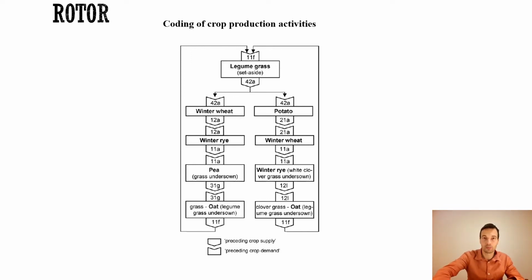The first defines the type of main crop, and the second, the level of nitrogen residues after harvest of both preceding and following crops. A letter code specifies production activities that establish or take over from an undersown catch crop or fodder main crop.